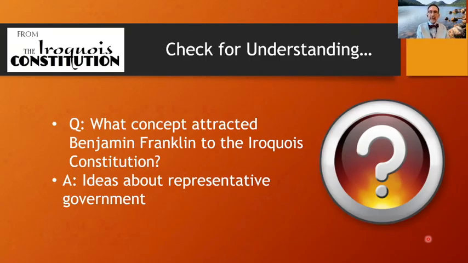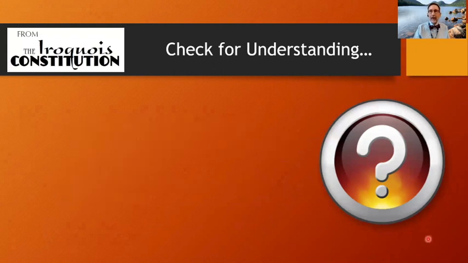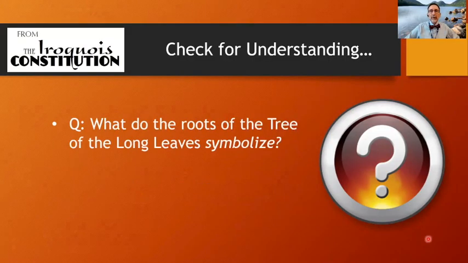If we don't like the representation we're getting from that representative, then we elect a new one. And so the legend is that Benjamin Franklin liked this, and he brought it to the United States Constitutional Convention in Philadelphia.